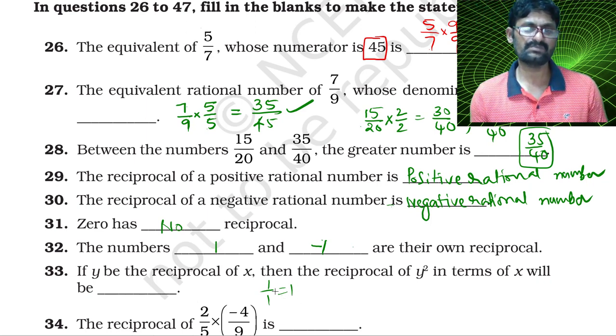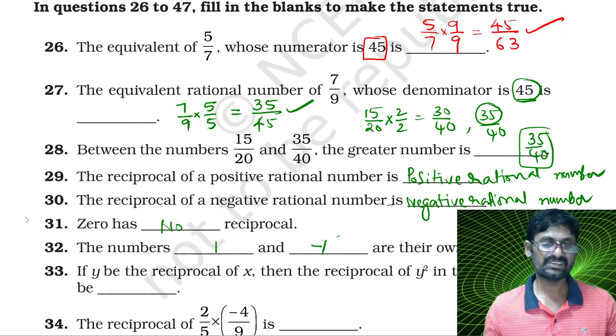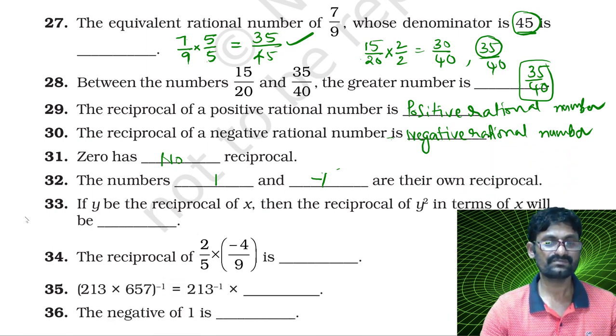Similarly, if you take negative 1, the reciprocal of negative 1 is negative 1 by 1, which is negative 1 again. So 1 and negative 1 are said to be their own reciprocals. Right. So let's go to the next one.